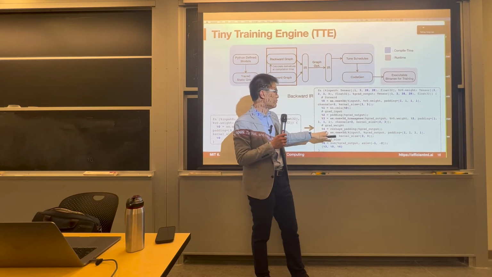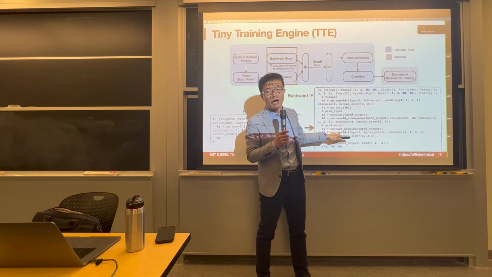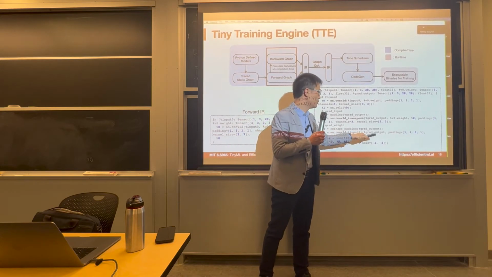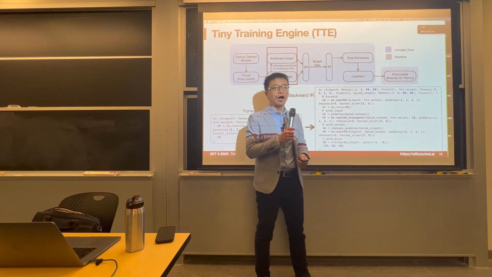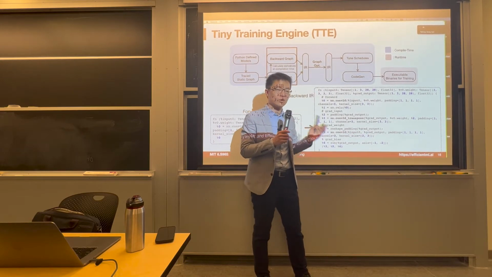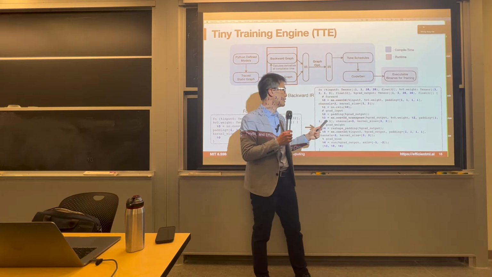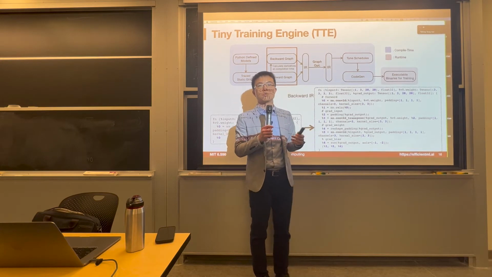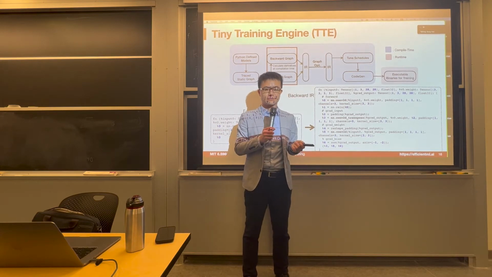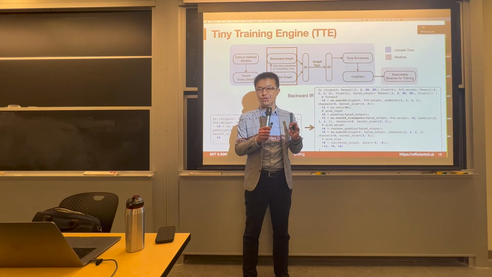And the second major component, you need another Conv2D that takes the input and also the grad output, the gradient with respect to the output. And then you can calculate the gradient with respect to the weight. Imagine if you are doing sparse layer update, right?